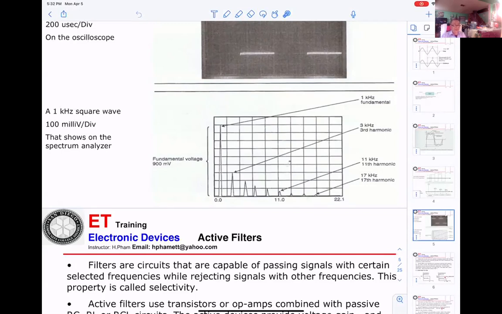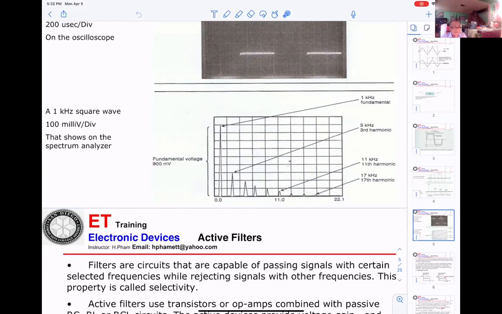However, if they ask you what is the bandwidth of the square wave, you have to ask what harmonic they want to go up to.